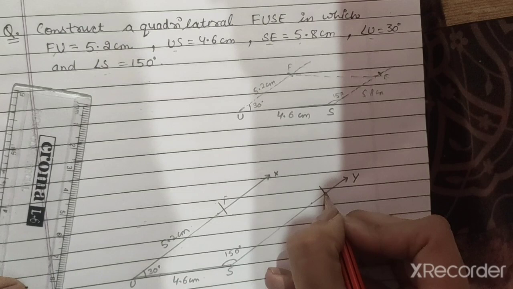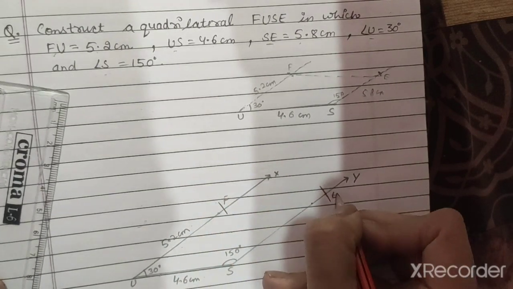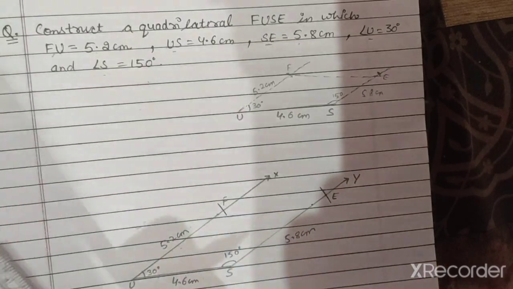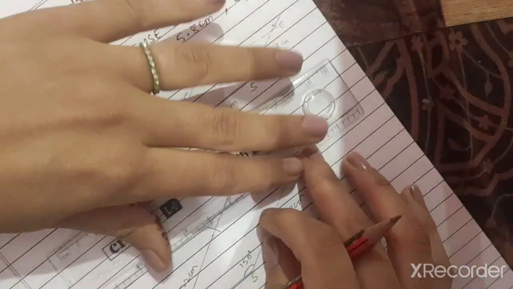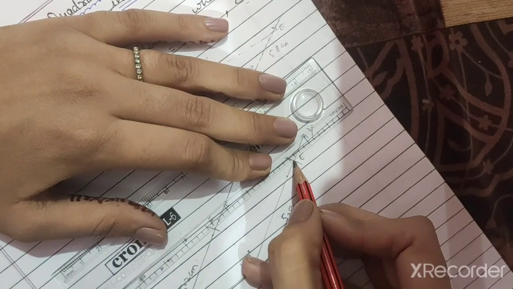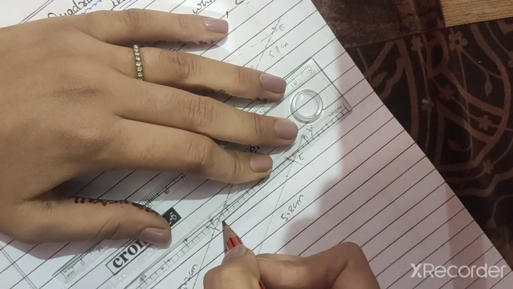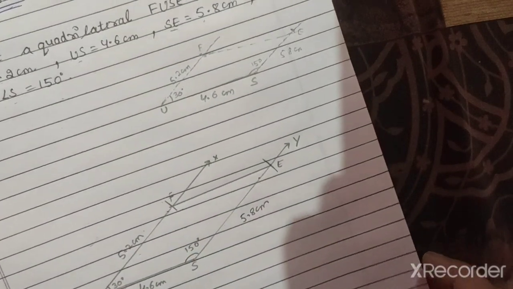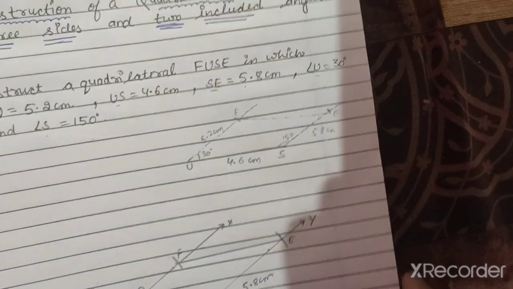Name this vertex as E, since SE is 5.8 centimeters. Now the last step is to join the vertex E with F. So this is our quadrilateral, whose measurements are as given.